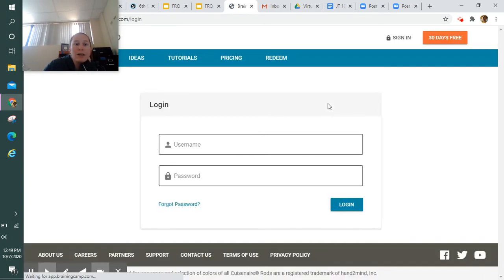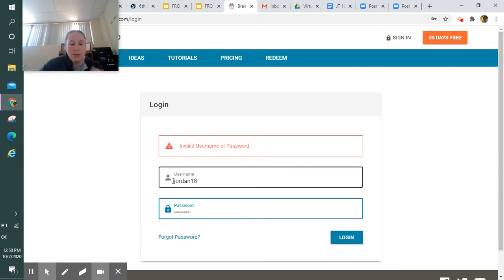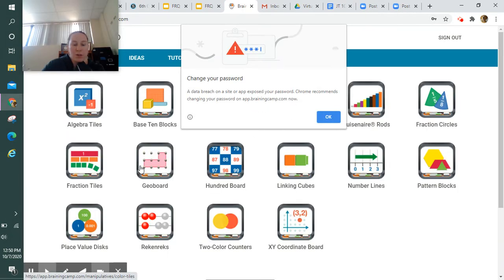If it asks you to sign in, the username is Jordan18 and the password is also Jordan18, with capital J's. The other way you can get to Braining Camp is by going through your portal. Everybody has access to Braining Camp through the portal.